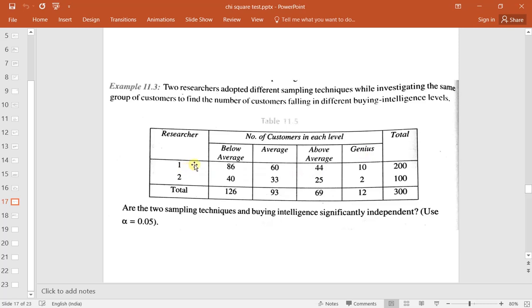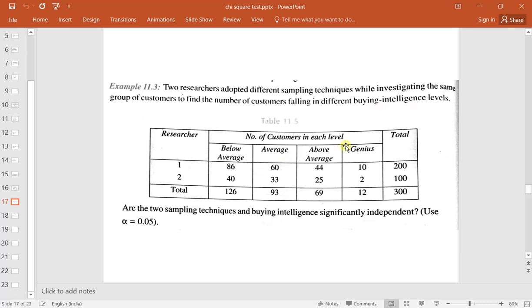Okay, so we have below average people and average people, above average people, and we have genius. First researcher has conducted a study on 200 people. Out of these 200 people, there are 86 people who are below average in terms of buying intelligence level. There are 60 respondents who are average.